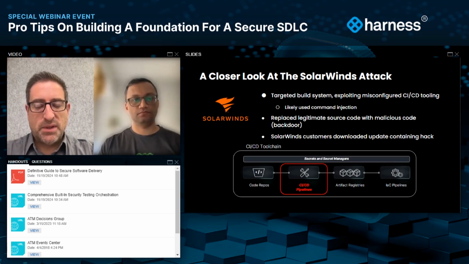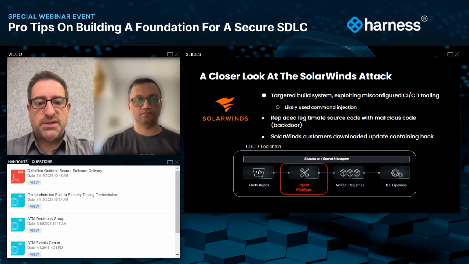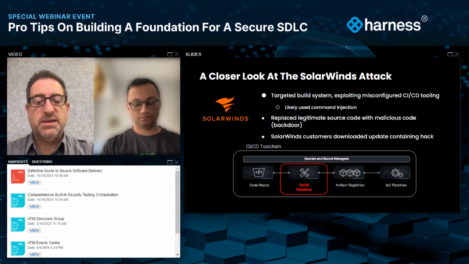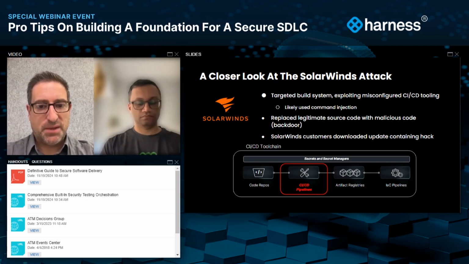And so again, this really underscores how important it is to tighten up security around the individual elements within the CI/CD tool chain.